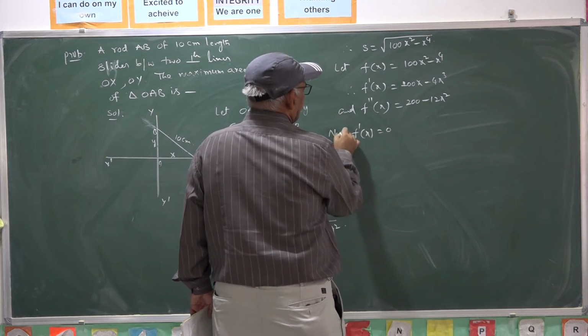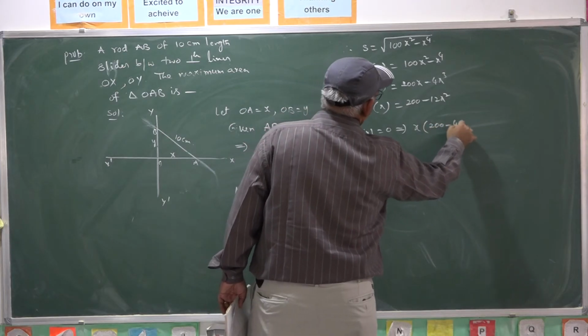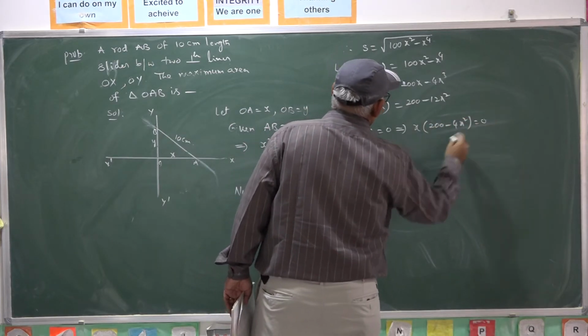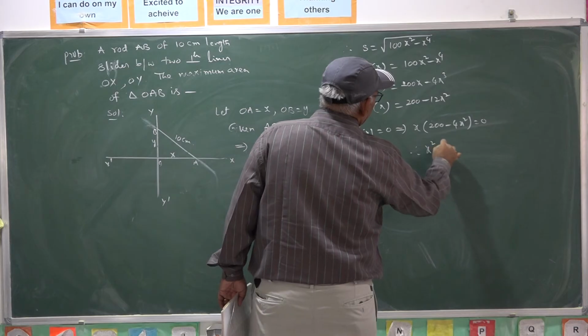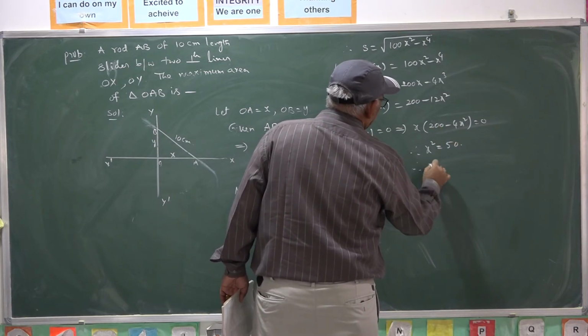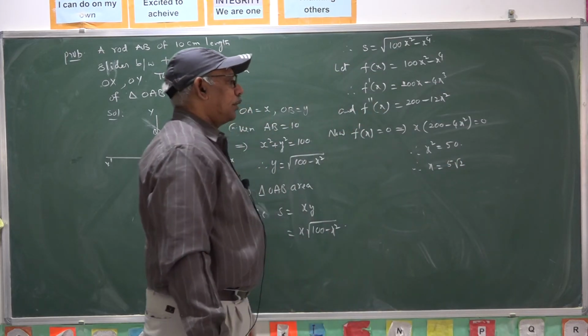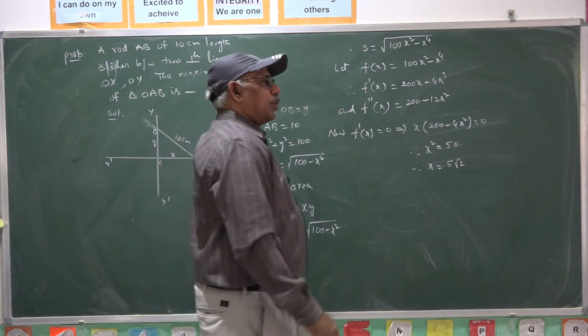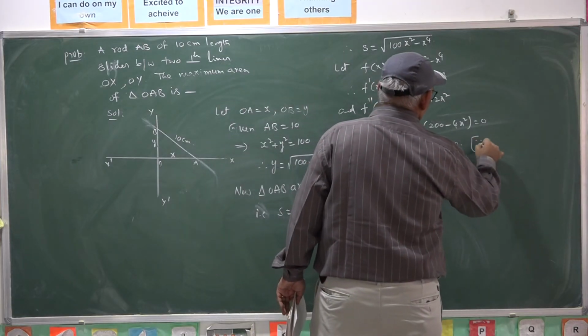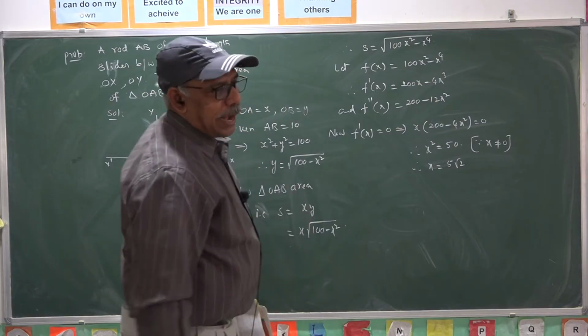To maximize f, f dash x is 0 implies x into 200 minus 4x square is 0. x square is 50. So, x takes the value 5 root 2. x is not equal to 0, since once x is 0, there is no triangle.